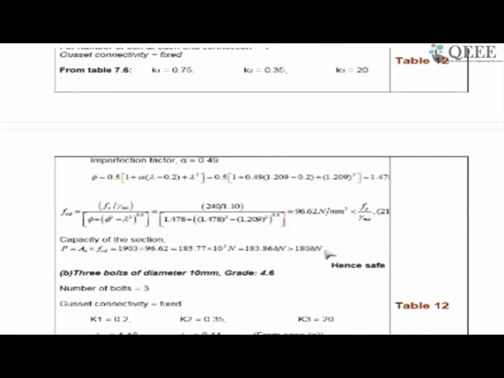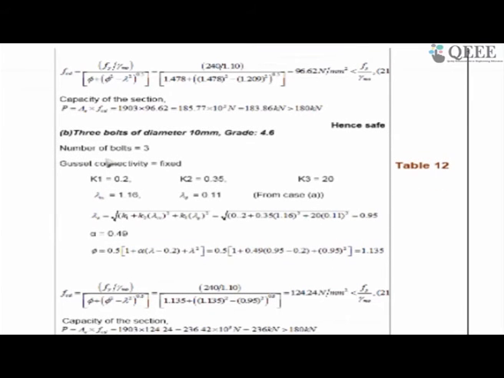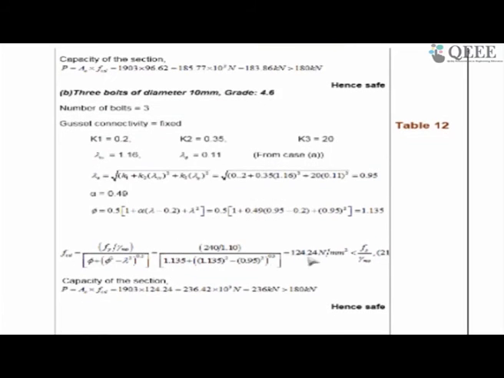So that is how we are getting a safe design. 3 bolts when I go, same angle, K1, K2, K3 will change as per the end conditions, and then I find lambda E comes much less than lambda VV. Okay, so because of 3 bolts, there is some end fixity which helps in avoiding the flexural torsional buckling, and as a consequence, my FCD goes up.